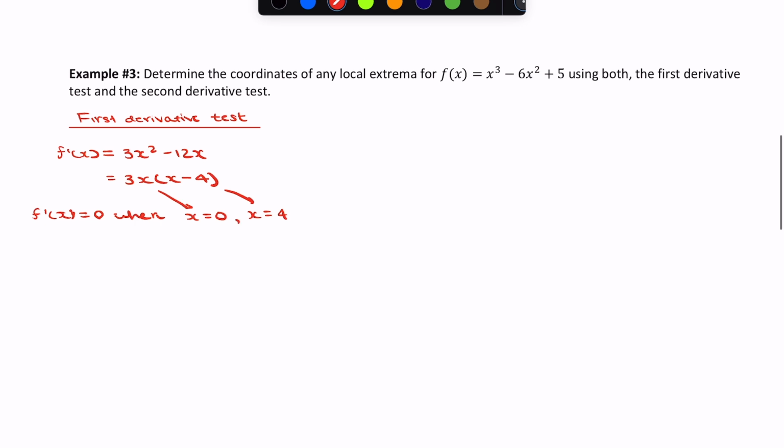So here, if we draw our number line, negative infinity to positive infinity, so negative infinity to 0, 0 to 4.